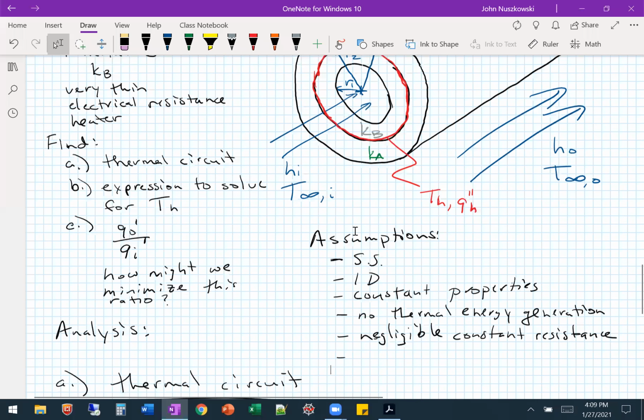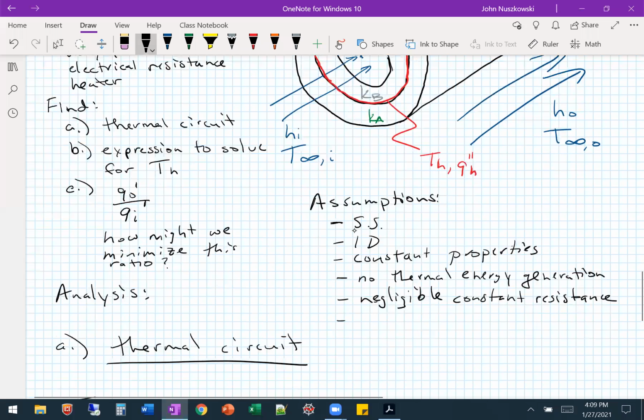Okay, so that means it's very thin. They're saying it's at the same temperature if it's very thin. So we're going to have an isothermal heater.